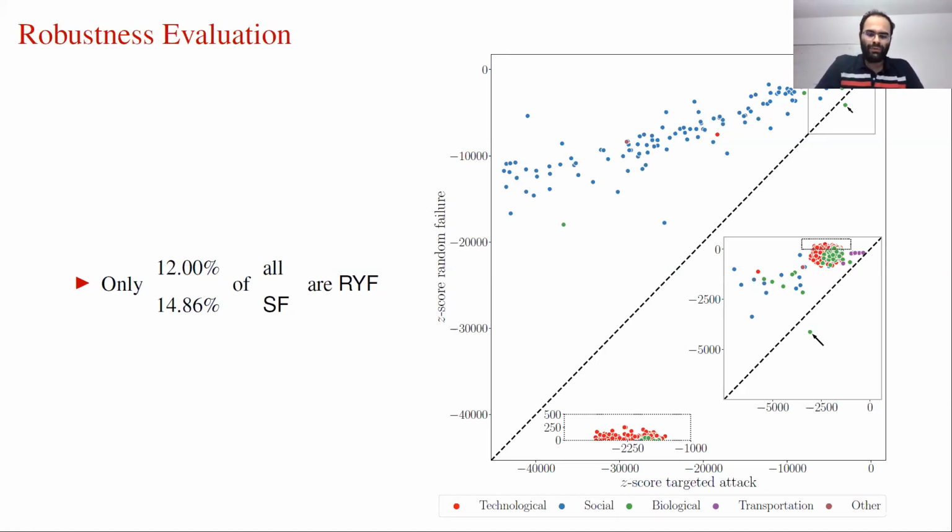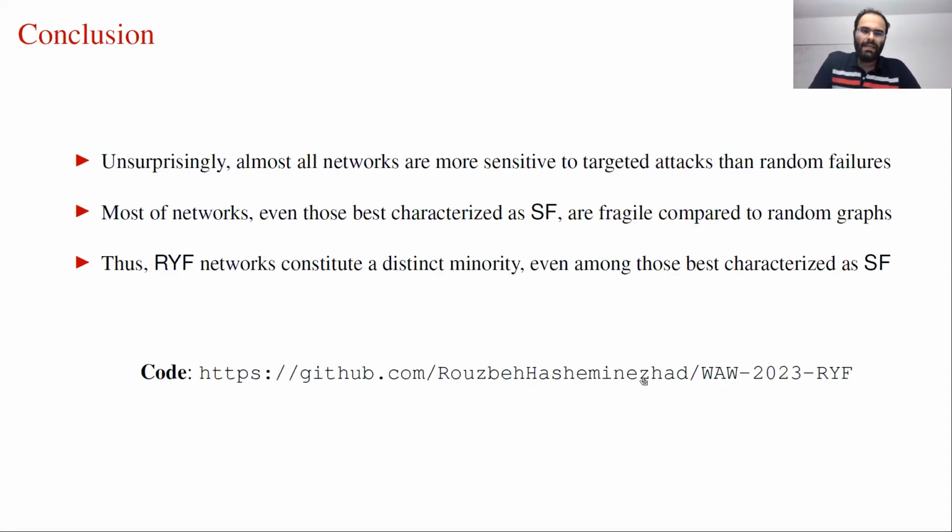So what can we conclude from all of this? So the first conclusion is that, unsurprisingly, almost all networks that we had in our collection are more sensitive to targeted attacks than they are to random failures. But this is not the notion of robust yet fragility that we're looking at. The notion of robust yet fragility that we were examining is a statement that is made compared to the baseline of random graphs.